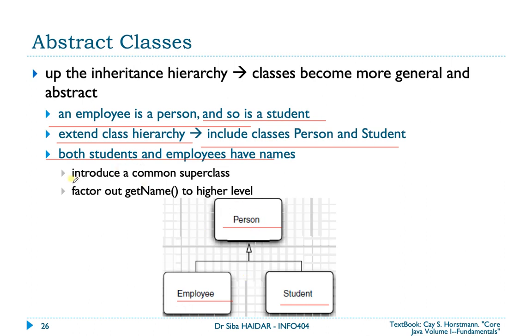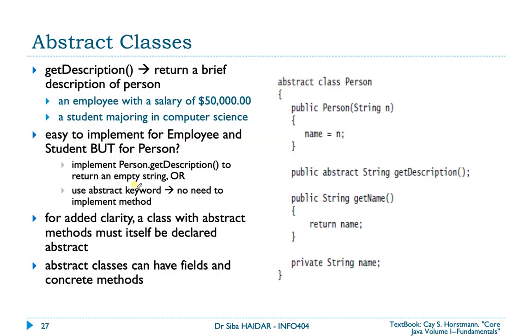So you can introduce a superclass and you factor out getName to a higher level. getName and name, of course. So this is the abstract class person, and you can see it can also have a getDescription. Every person you can describe.